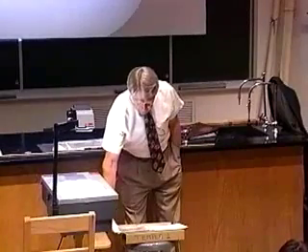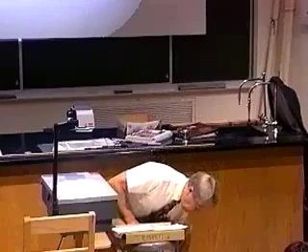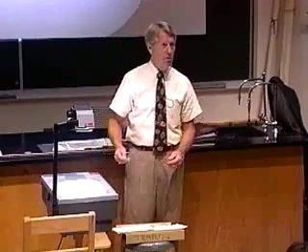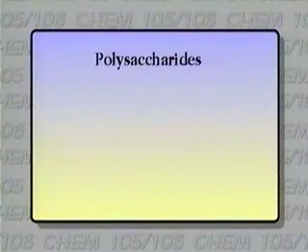Now, the next group of carbohydrates: if we started at mono and then went to di, we could go to tri, but we're going to jump further than that. We're going to go to poly. Poly means many saccharides.